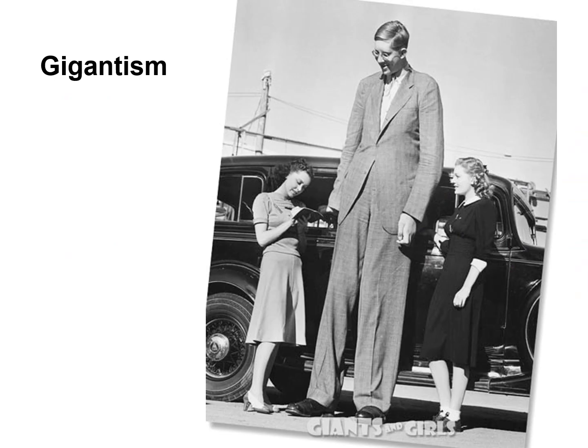Okay, so this is gigantism. This is Robert Wadlow. He grew to be 8 feet 11 inches, and he was still growing at the time that he died when he was 22 years old.